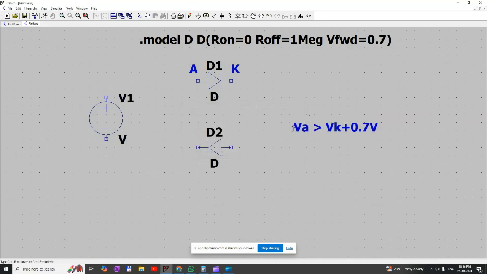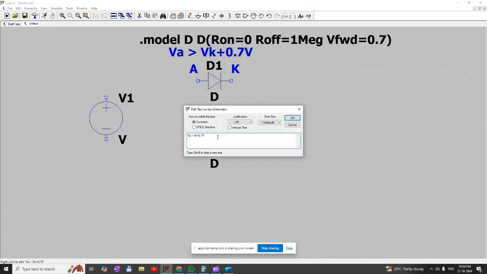Here VA means V in, we are going to apply the input voltage at the anode.